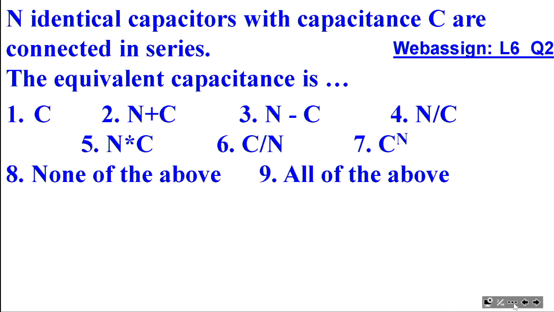And of course, you can also quickly eliminate answers which don't make any sense, so as to concentrate on the answers which may make sense. For example, a single capacitor has capacitance of C farads, and if we are adding more capacitors to it in series, for example, capacitance has to change, so it just can't be the same anymore.